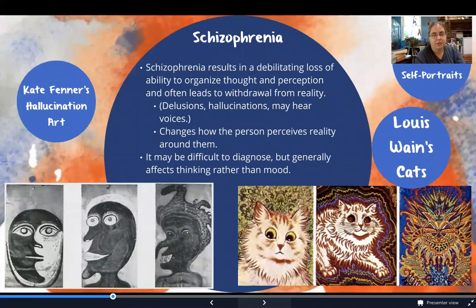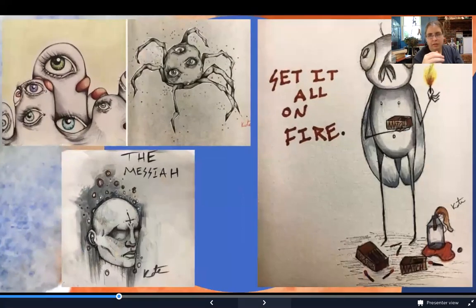And Kate Fenner's hallucination art. She's a young girl who has recently been recognized as advocating and showing awareness for schizophrenia by showing the artwork that she does while she's going through schizophrenic episodes. So here are some of her works.